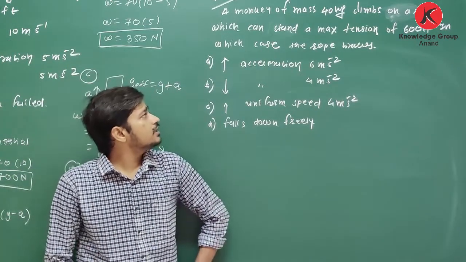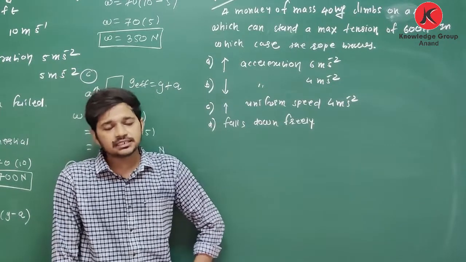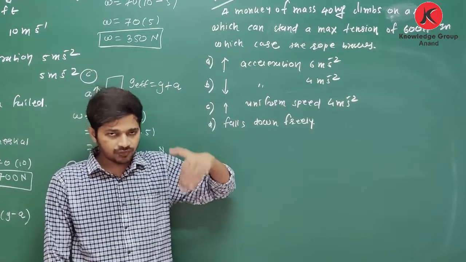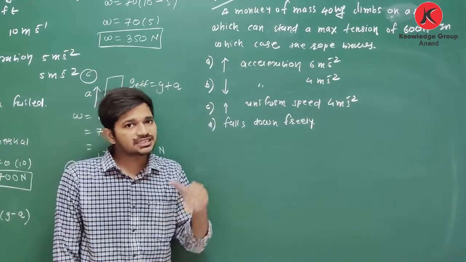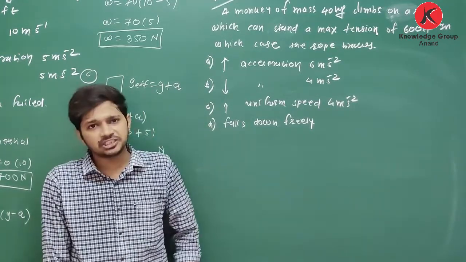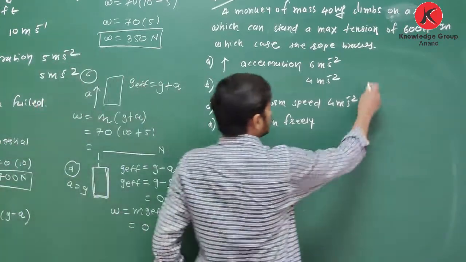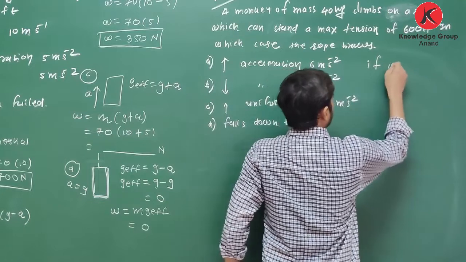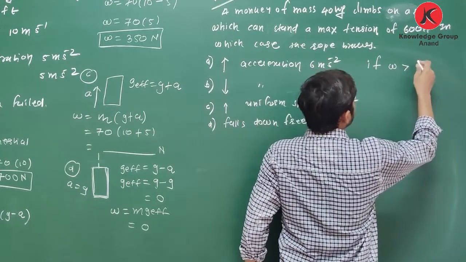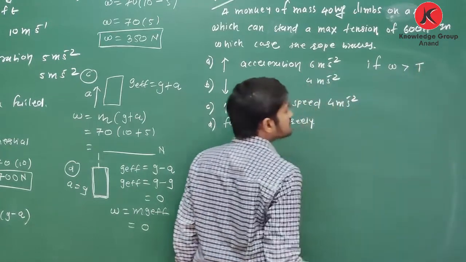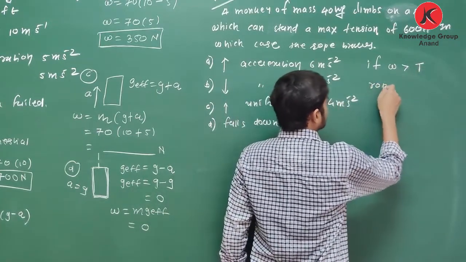Rope breaks means if the weight of the monkey becomes greater than the maximum tension, in that case the rope breaks. Here, how to write? If W is greater than this maximum tension T, the rope breaks.